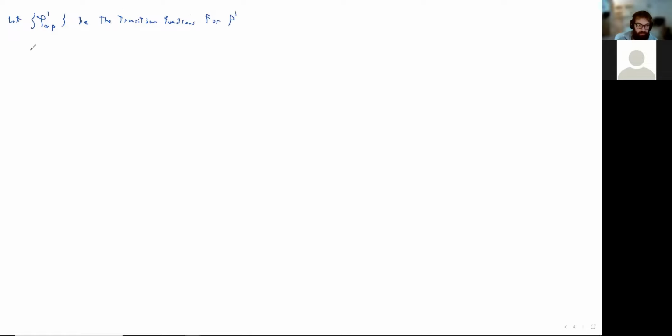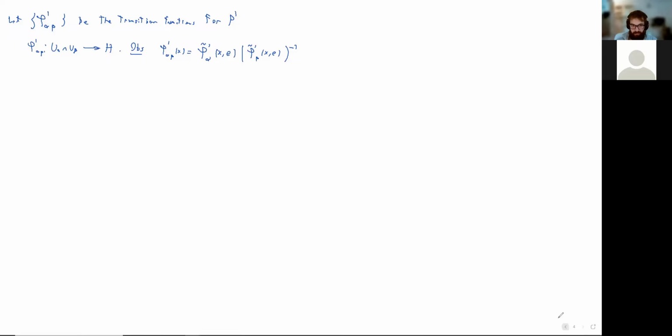So these are values in H. P prime alpha beta goes from U alpha intersected U beta into H. And of course, what we do have, as an observation, is that phi alpha beta prime of X is this phi alpha tilde prime X E times phi tilde prime beta X E inverse.